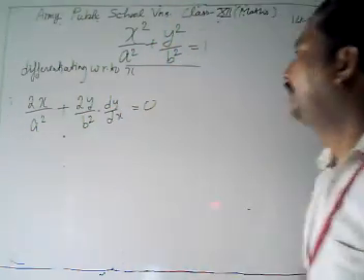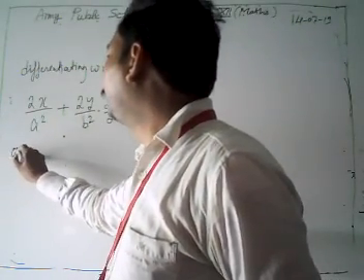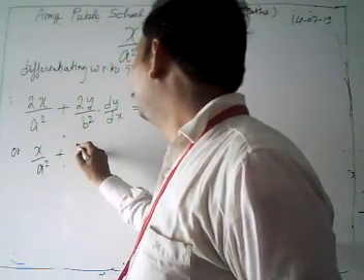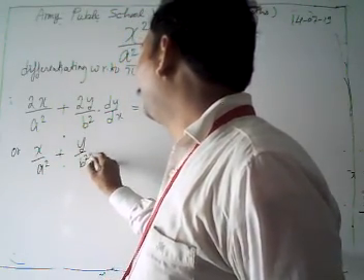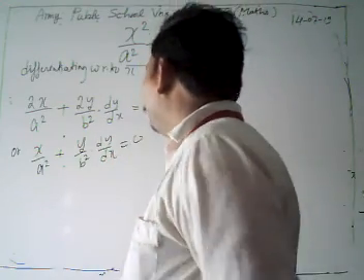Now this 2 cannot be 0, so we can write x/a² + (y/b²) dy/dx = 0.